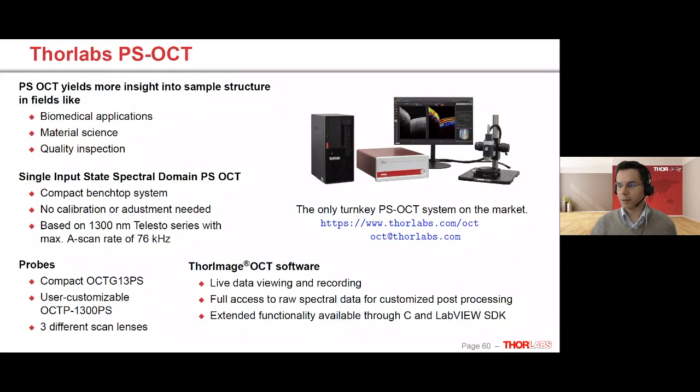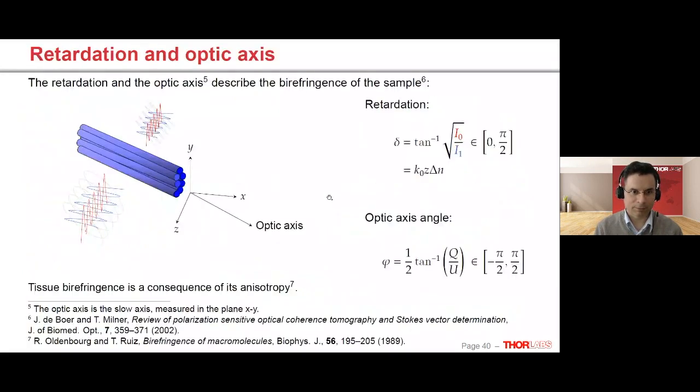I think it's on slide number 40. The examples of these macromolecules are collagen or microtubules. These are the two main ones. Muscle has it also, but it's not that perfect.